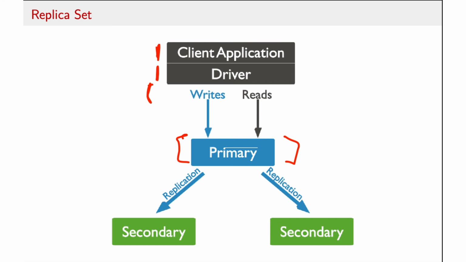Now, behind the scenes, in order to provide this notion of replication and high availability, the primary node in the replica set is going to be interacting with the additional nodes, the secondary nodes that are configured into that replica set, and basically pushing information out to them to make sure that the copies of the data being maintained within this replica set are consistent across all of the nodes in the Mongo server.